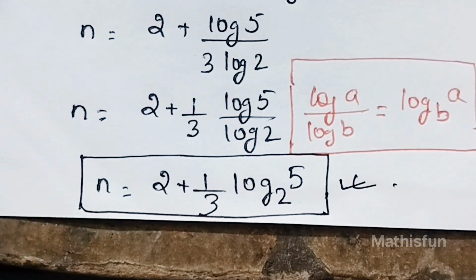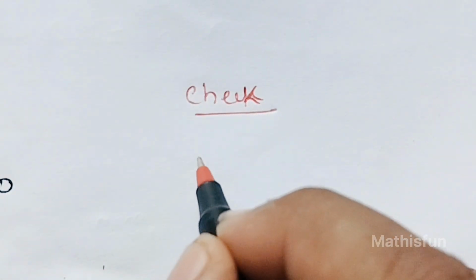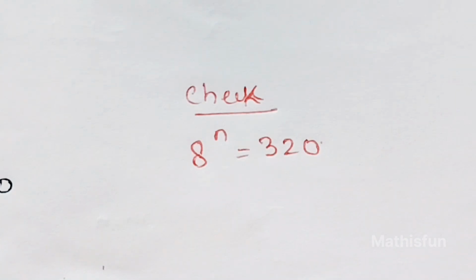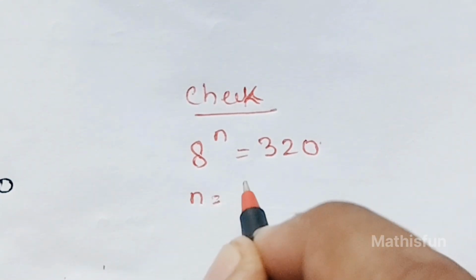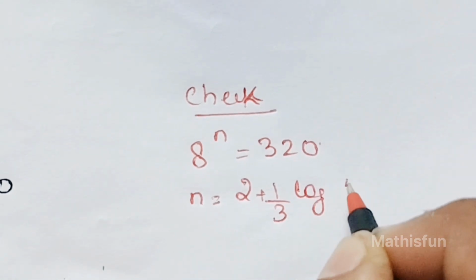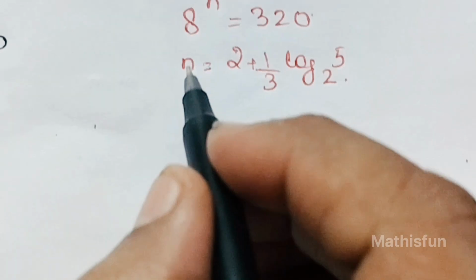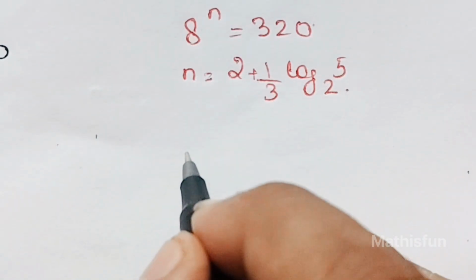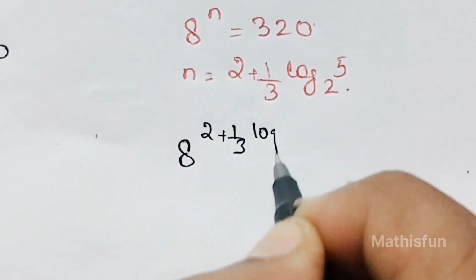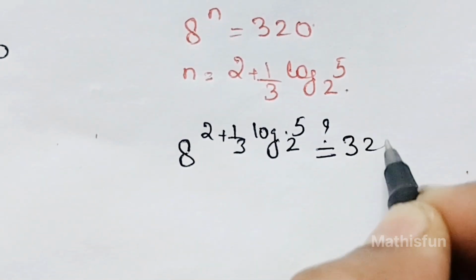Let's check whether our answer is correct or not. Our equation is 8 to the power n is equal to 320, and the value of n we got is 2 plus 1 upon 3 log 5 base 2. So we'll put the value of n in the equation, that is 8 to the power 2 plus 1 upon 3 log 5 base 2 is equal to 320.